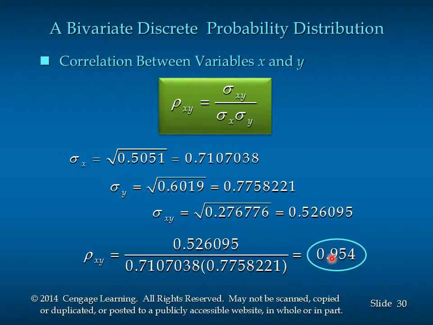That just goes straight. Correlation is not the slope, but they are tightly intertwined.